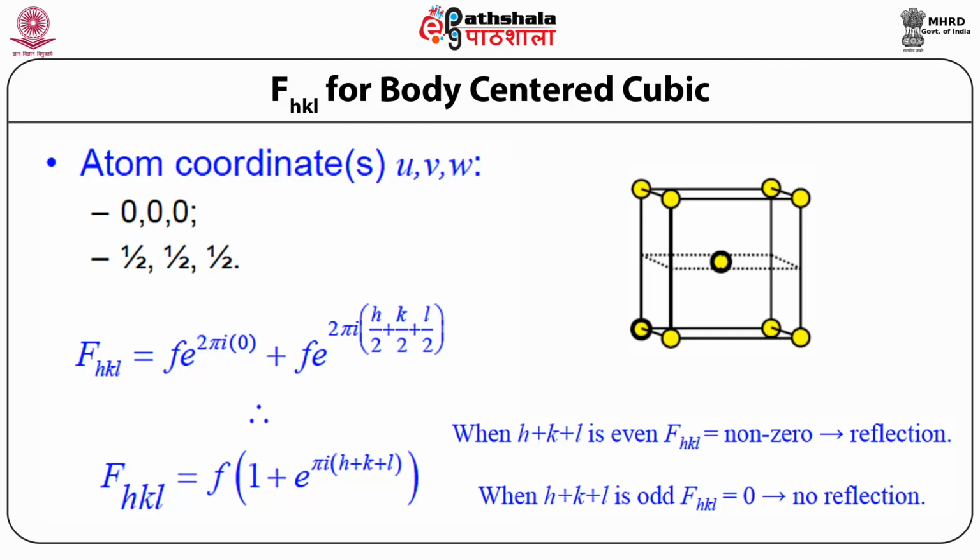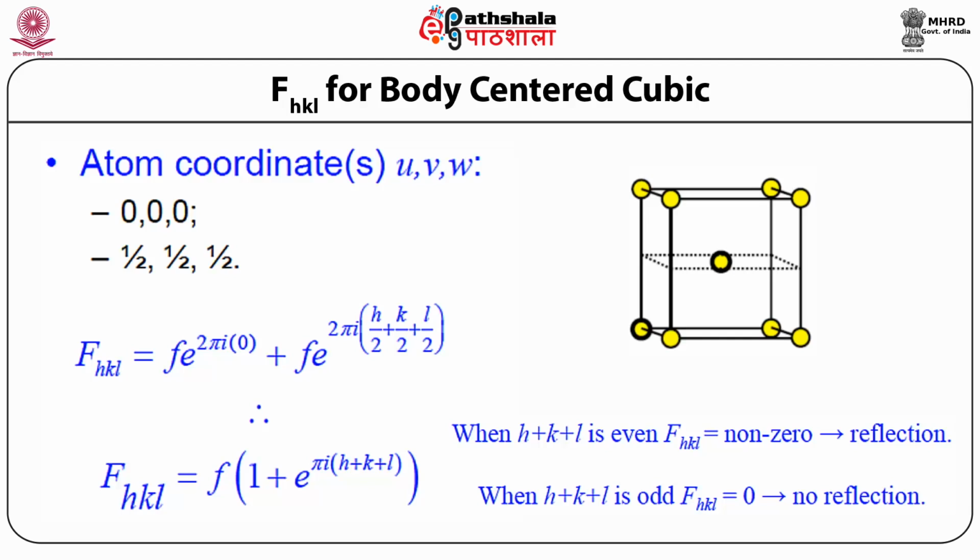Now you can see that F(HKL) is the sum of 2 expressions. F is equal to e raised to the power 2 pi i times 0, which is for the first atom, and then for the next one, where the coordinate is half half half, when you add up you get this relation: F(HKL) is equal to F times (1 plus e raised to the power pi i (H plus K plus L)).